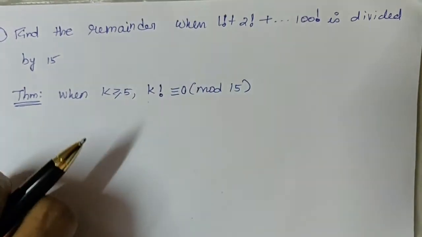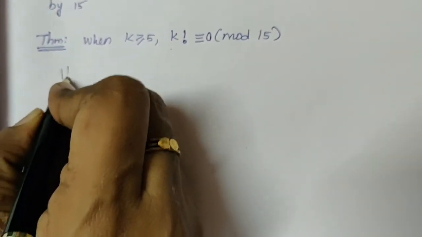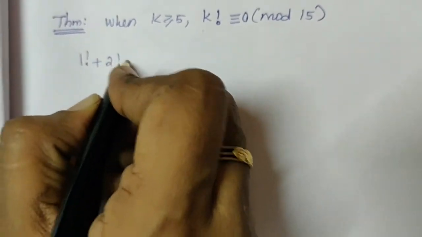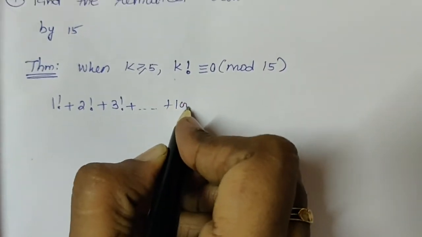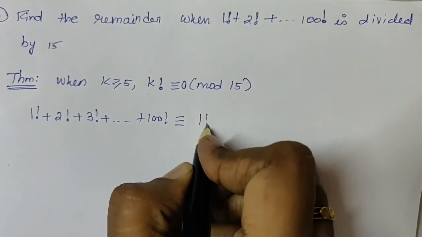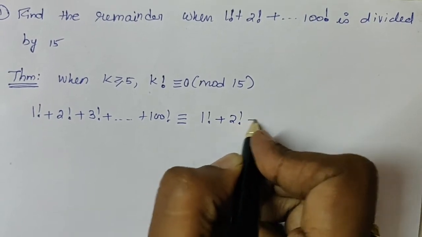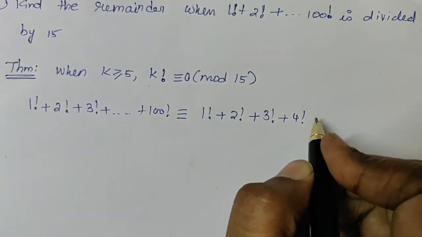Using this theorem, we can prove that 1 factorial plus 2 factorial plus 3 factorial plus etc. plus 100 factorial is congruent to 1 factorial plus 2 factorial plus 3 factorial plus 4 factorial.